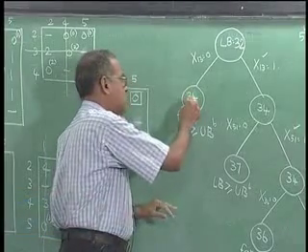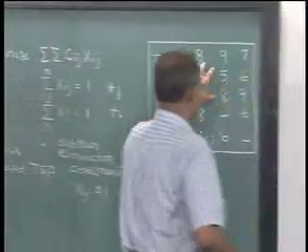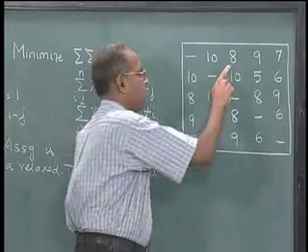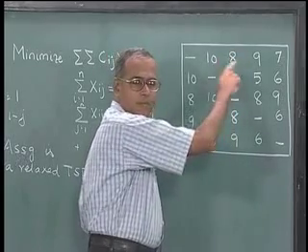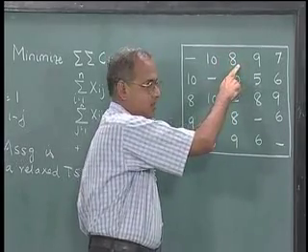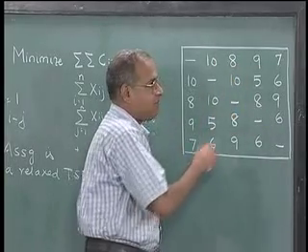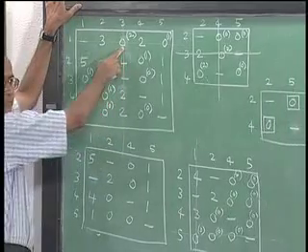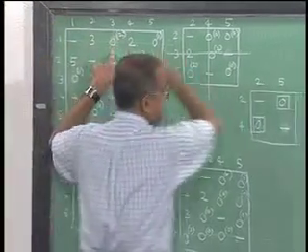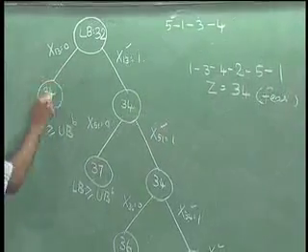Now, what is this node? This node is x13 equal to 0. So, we will go back to this, you would create x13 equal to 0, therefore you would put a dash here for x13 equal to 0, and once again do row column subtraction. This is equivalent to this 34.